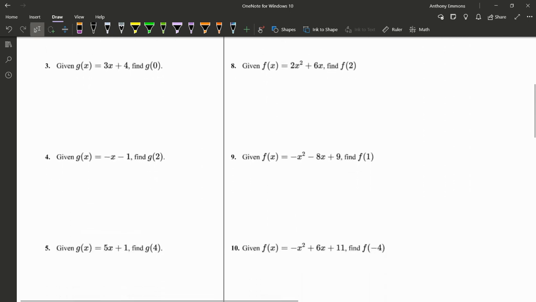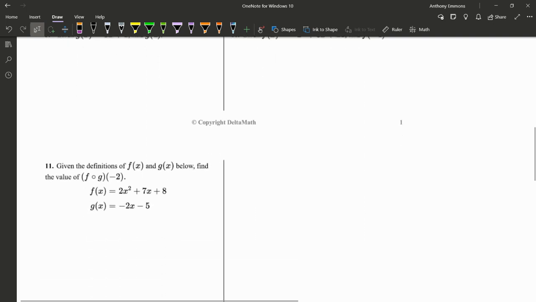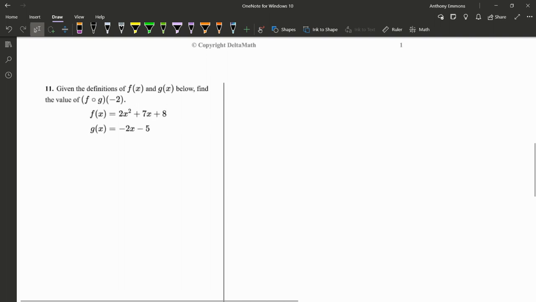What I'm interested in getting to, and what's a little bit different, will be number 11, which is certainly more of a composition of functions. There are a couple of different ways to write this. This f composition g, I really don't even know how to read that. I'm not always the biggest fan of notation, but that's meant to be seen as the f of the g of x.